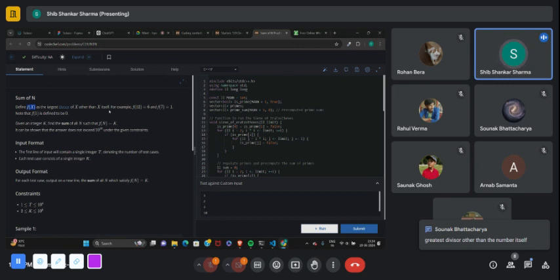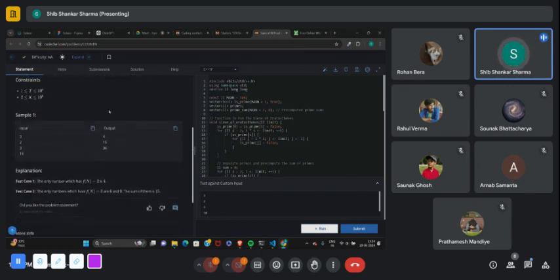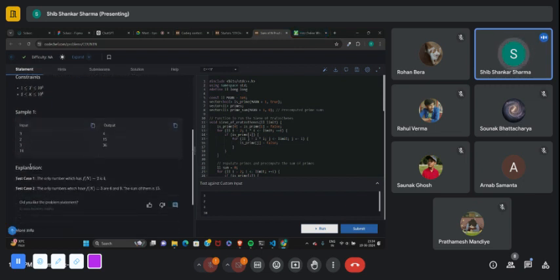Then we are given an integer k and we need to find the sum of all n, all numbers which have f of n equal to k, right? There was an example that I gave on the whiteboard, and also here we can see, let us go for this test case 3. If we go for 6 and for 9, for 6 the greatest divisor other than 6 would obviously be 3, right?